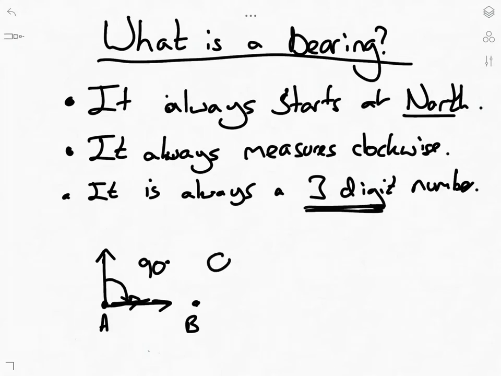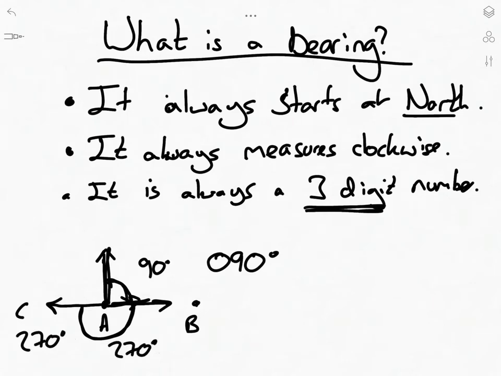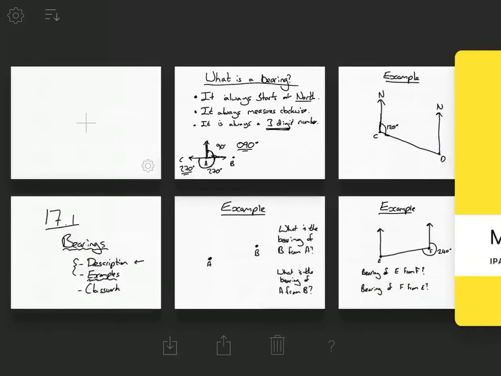But as a bearing, it has to be 3 digits, so we would write 090 degrees. And what about if C is over here? That's to the west. So we always start at north, we always measure clockwise, so it's all the way around here, and it's always a 3-digit number, so it's 270 degrees.